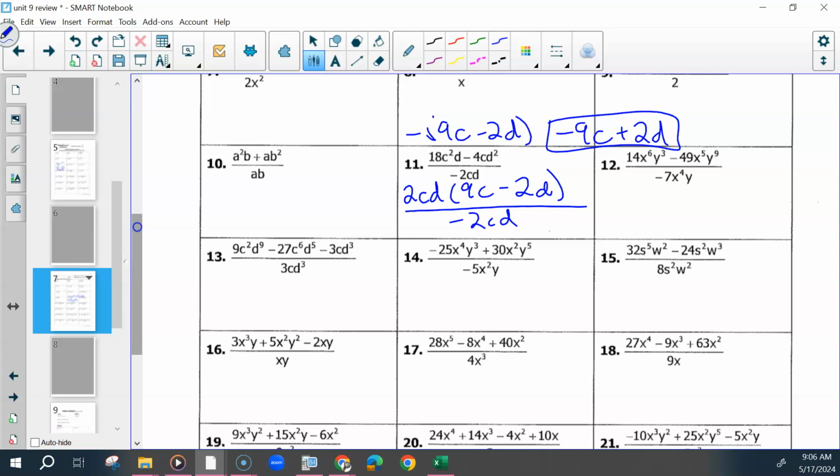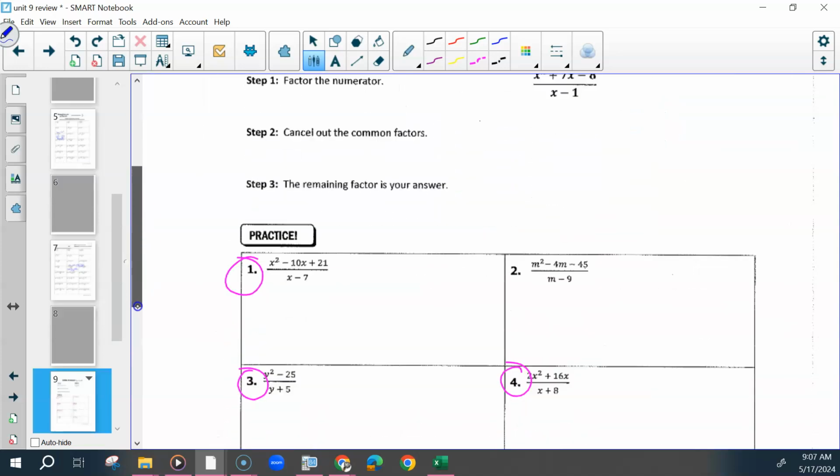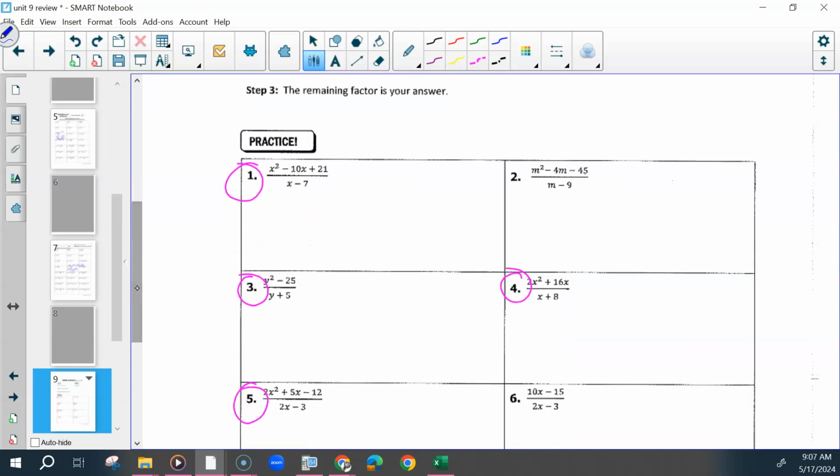Look at the last section, the binomial questions, dividing polynomials by a binomial. Find any questions you want to see, do go over there. So with each of these, you have to factor the numerator, however it needs to be factored. And then at the end, you'll get like factors and you'll cancel.